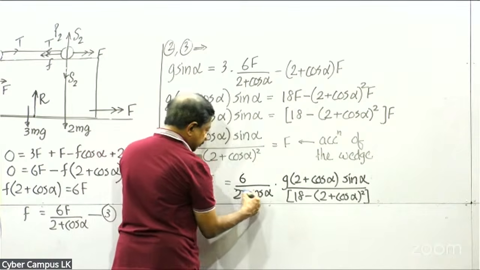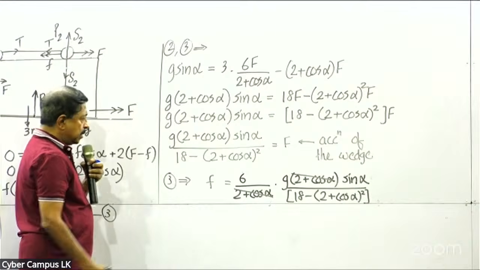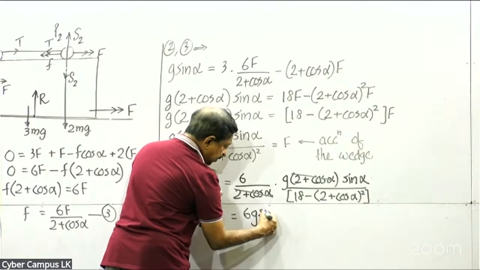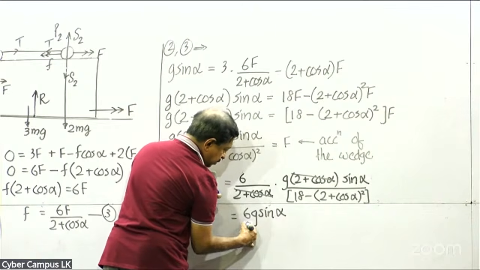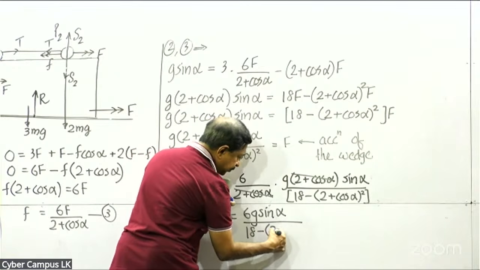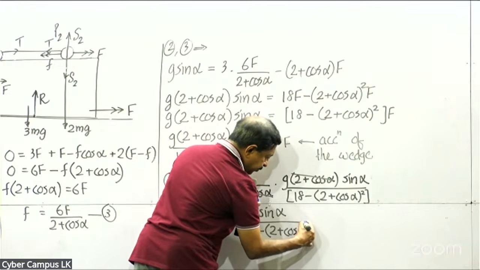Now you can cancel these two, right? Now what you get is 6g sin alpha divided by 18 minus this.